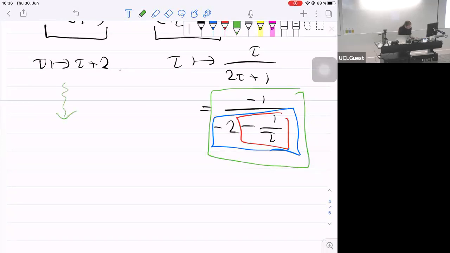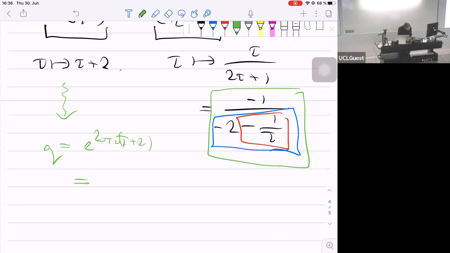So about the first transformation, tau going to tau plus 2, I'm going to say this is really just a direct check. The fact that q is e to the 2 pi i tau, and so sending tau to tau plus 2 is not going to change that.